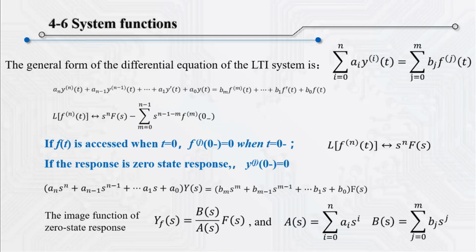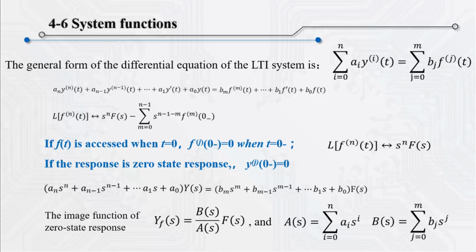The general form of the differential equation of an LTI system is the n-th derivative of y(t) plus ... plus a0 y(t) equals the m-th derivative of f(t) times bm plus ... plus b0 f(t). We learned about the differential property of the Laplace transformation before.